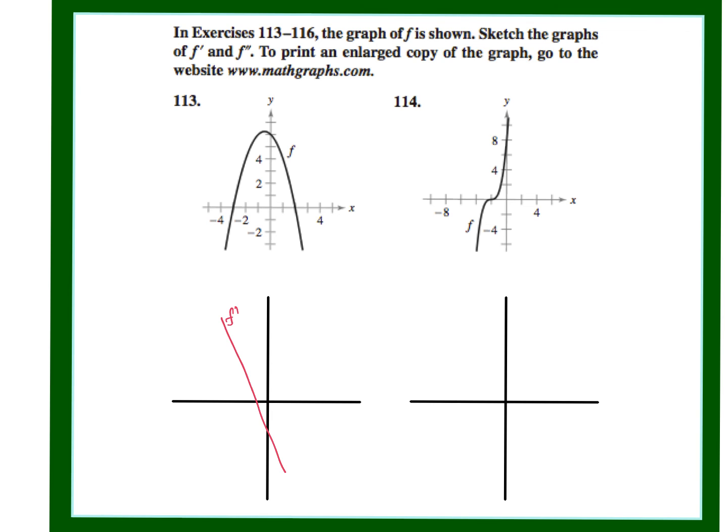That would be f prime. Now, we could do it old school. We could say, what's the slope? We could do it that way because this is super positive, less positive, 0, negative, more negative, more negative. There it is.